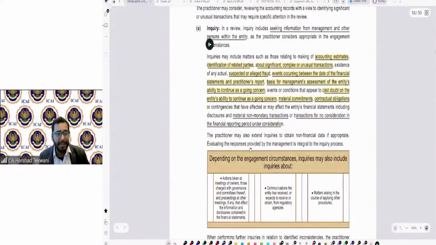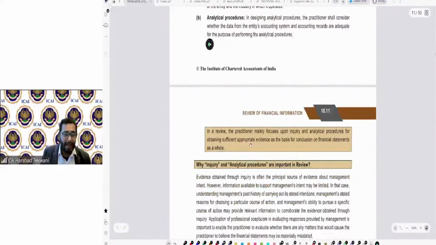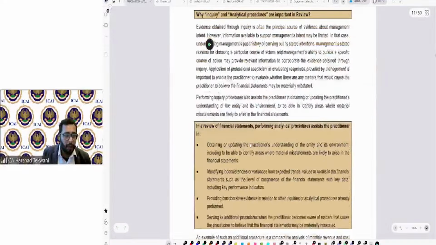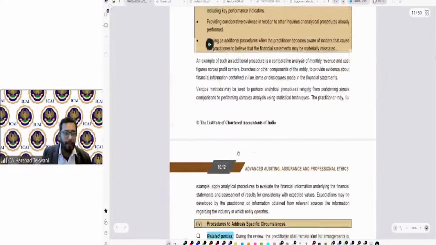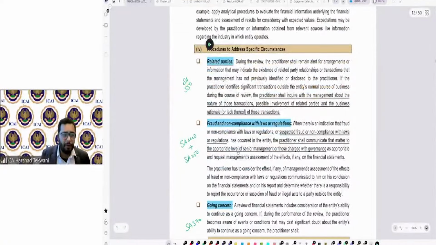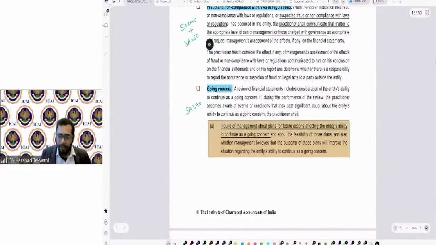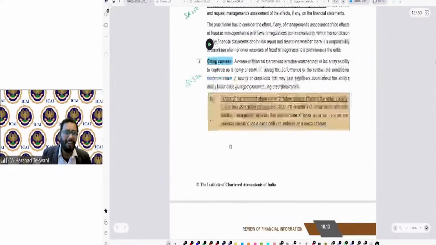We discussed in detail the inquiry, the areas where we would perform an inquiry. Then we discussed in detail the analytical procedures. We discussed related parties, the same way as SA 550. We discussed fraud and non-compliance with laws and regulations, SA 240 and SA 250. We discussed going concern, with limited application of SA 570.